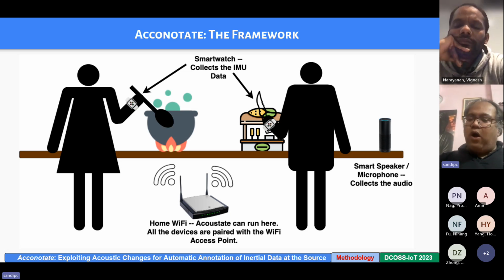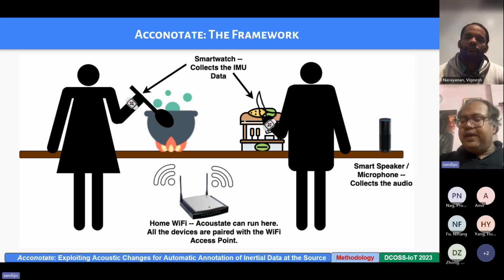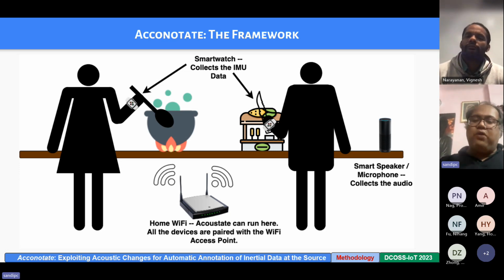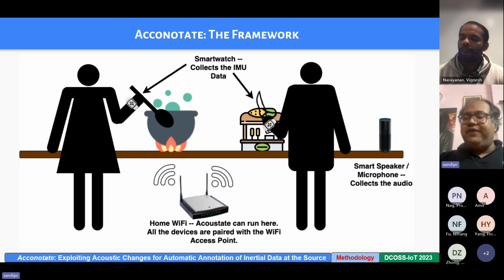All of those users have smart wearables with them, particularly a smartwatch or other sensors, which give me the IMU data. My objective is to get the convoluted acoustic signal, and from that signal find out the activity level, and then accordingly label the individual activities corresponding to the IMU signatures we are getting from different wearables.